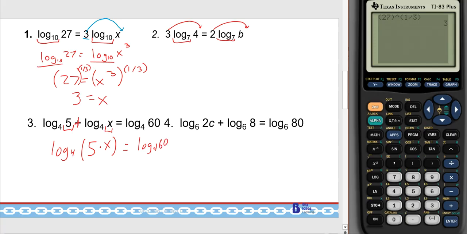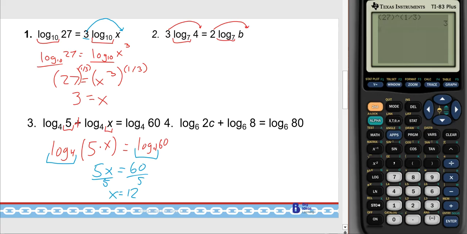And now I have log base 4 of a value equals log base 4 of a value. So I can bring down the 5 times x, or 5x, equals 60. And then I can divide out the 5. So my x would be 12.